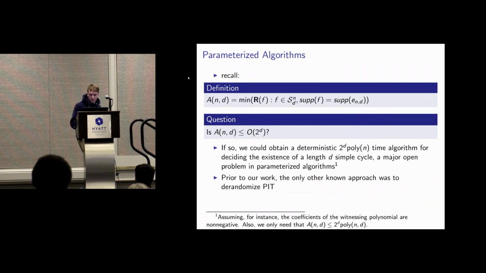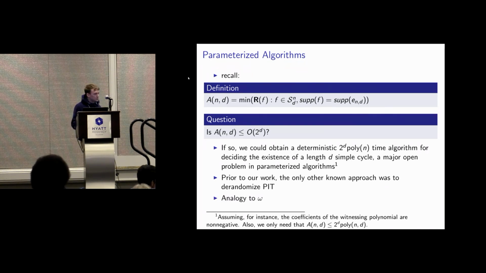And so, for example, the previous approach to do this that I am aware of would have been to de-randomize polynomial identity testing. I don't know that this problem I've stated here is any easier than that, or that it's true, of course, but it's pretty interesting to me.